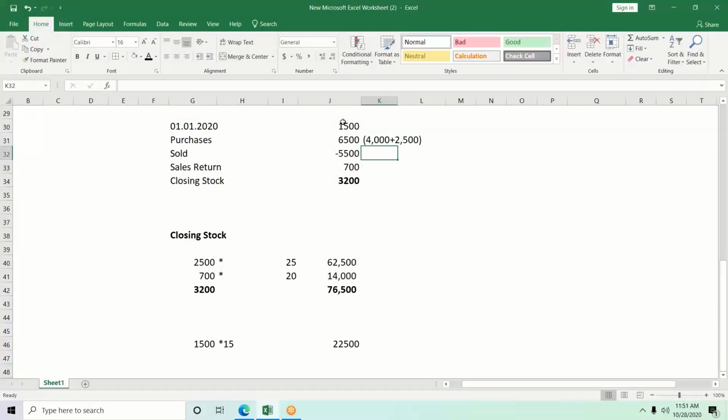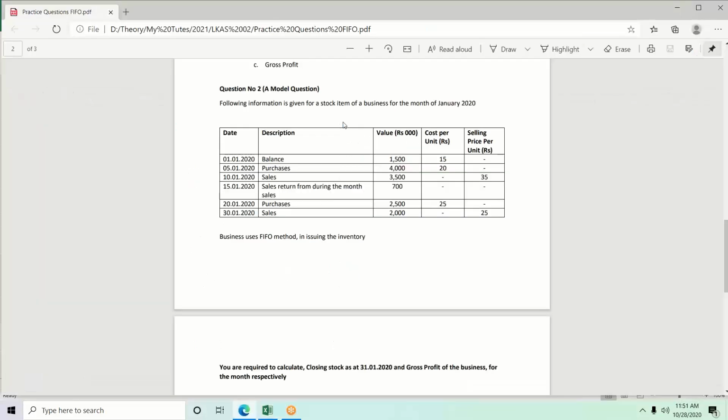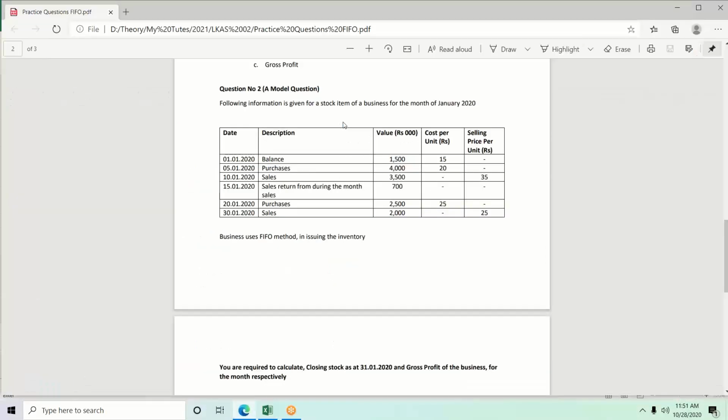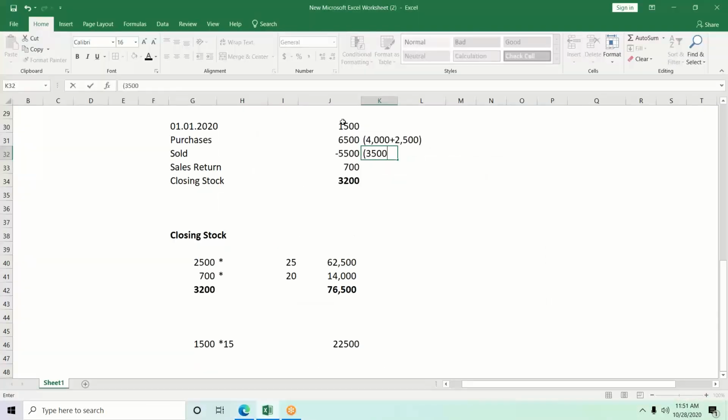Altogether you have purchased 6,500 units and you sold during the year 3,500 plus 2,000. So altogether, how many units did you sell? Puta, 5,500. Out of that, there was a sales return of 700.